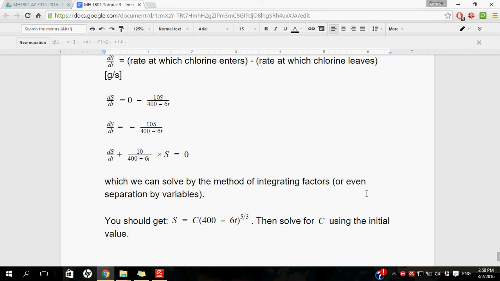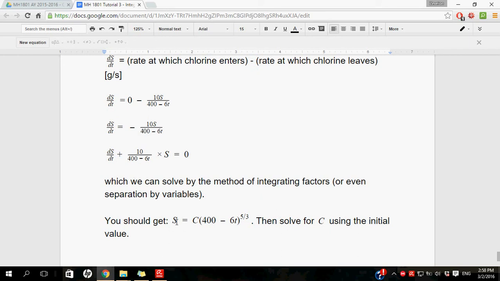And we can solve this using the method of integrating factors. It is also possible to use separation of variables to solve this, and you can try to do so.